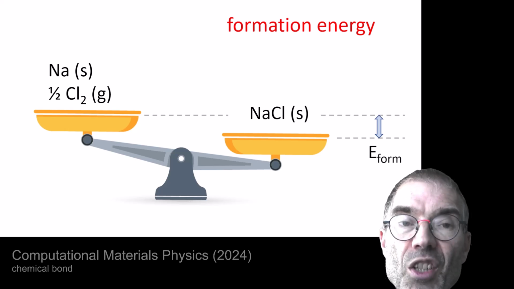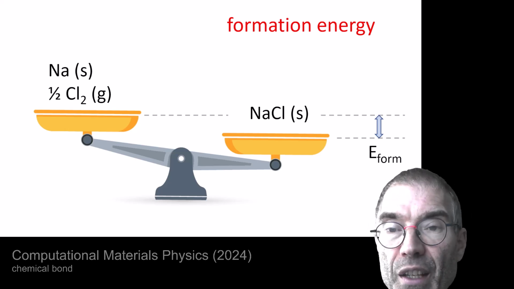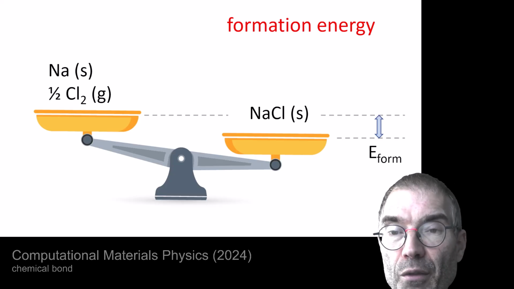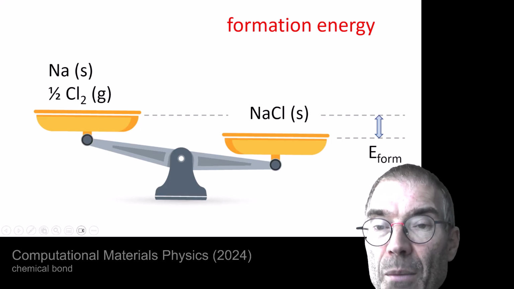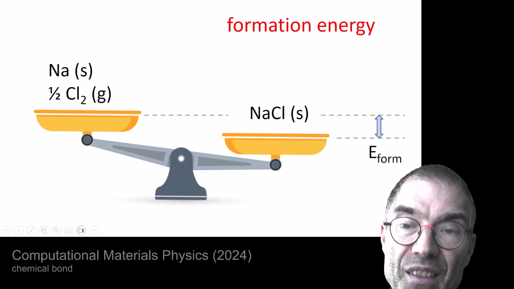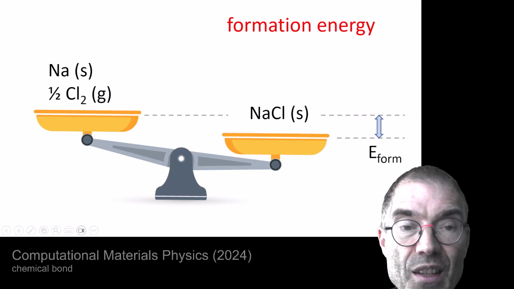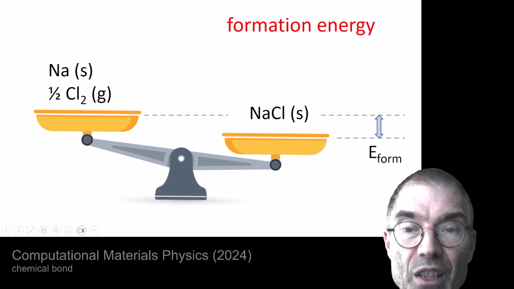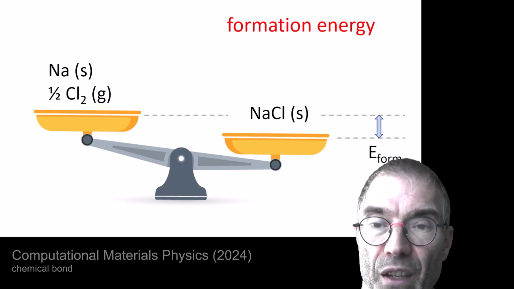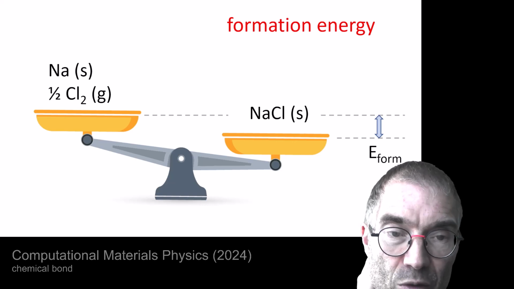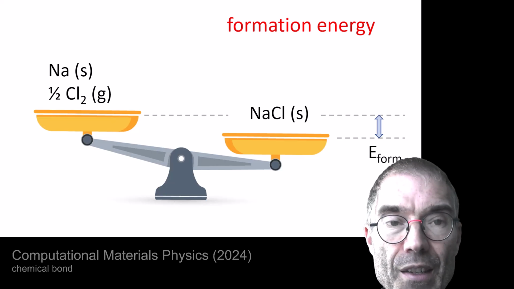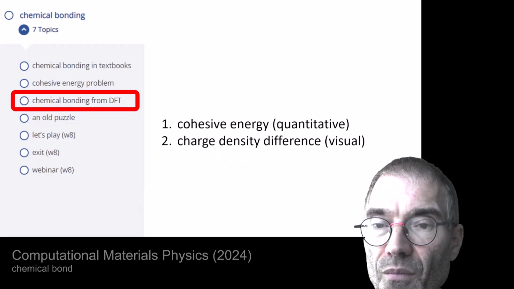So the formation energy will always be smaller than the cohesive energy, because first you gain energy by combining the free atoms into the elementary crystals, and if you then still can react these to make this diatomic crystal, then you reduce the energy even a bit further. So cohesive energy is with respect to free atoms, formation energy is with respect to elementary phases.